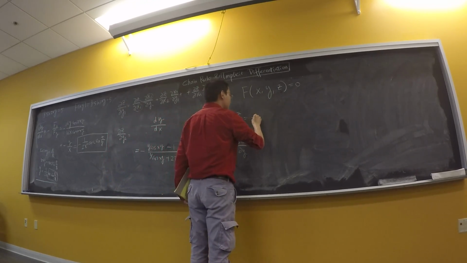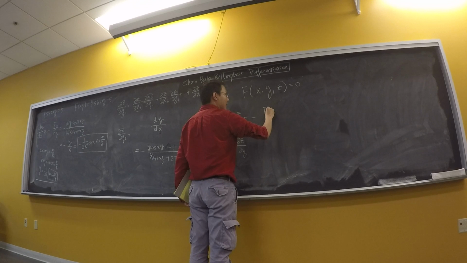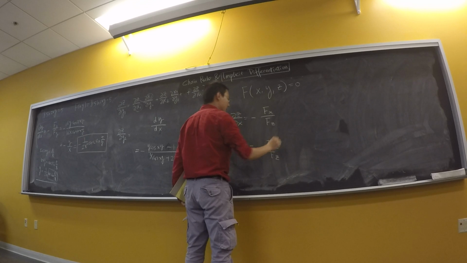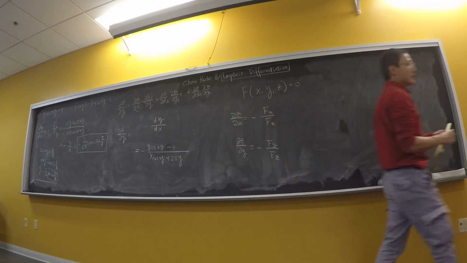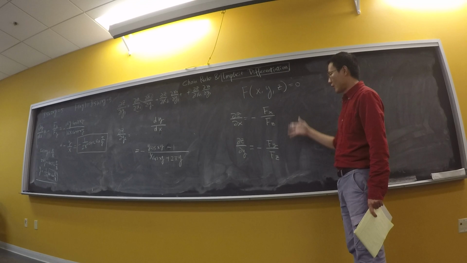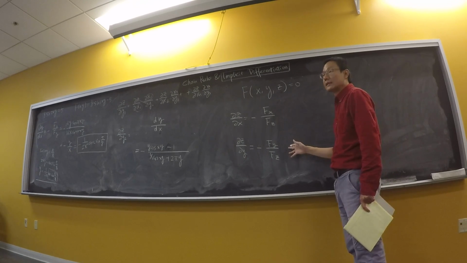Again, you have a minus on here, so partial z over partial x is minus f_x divided by f_z, and partial z over partial y is minus f_y divided by f_z. So the implicit differentiation works for partial derivatives as well.